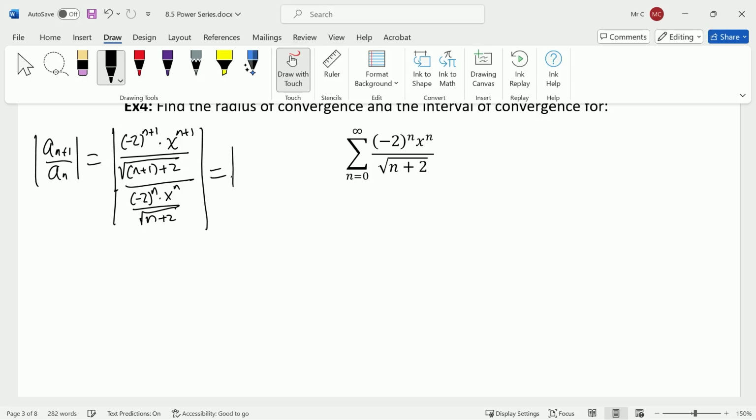All right, now I'm going to multiply by the reciprocal, so I get negative 2 to the n plus 1 times x to the n plus 1 over the square root of n plus 3 times the square root of n plus 2 over negative 2 to the n times x to the n, absolute value.